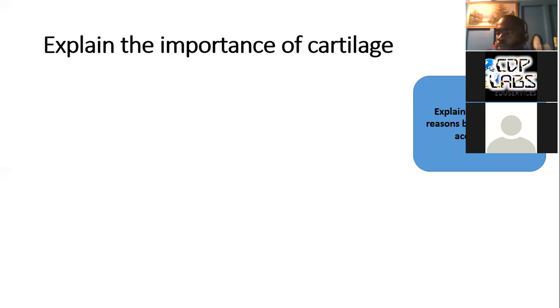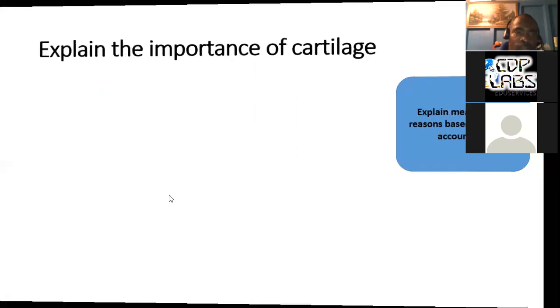Explain the function, the main importance of the cartilage, what it is, what it can do? Okay, that's true. But hold on there.